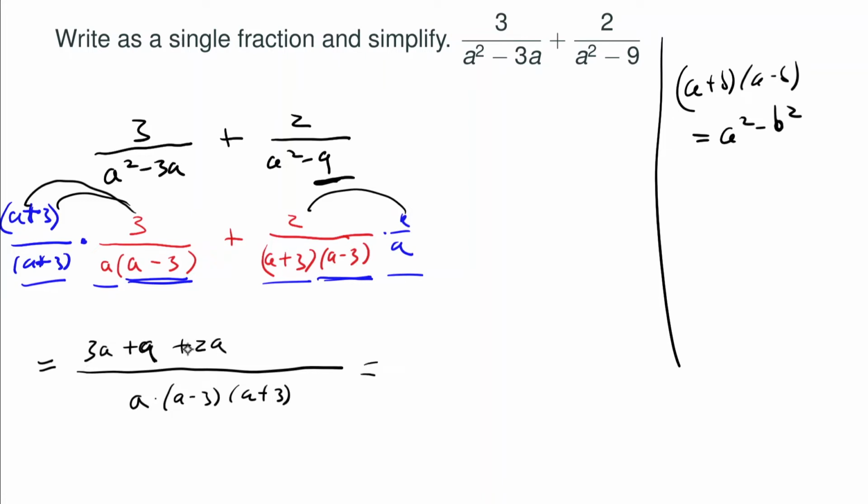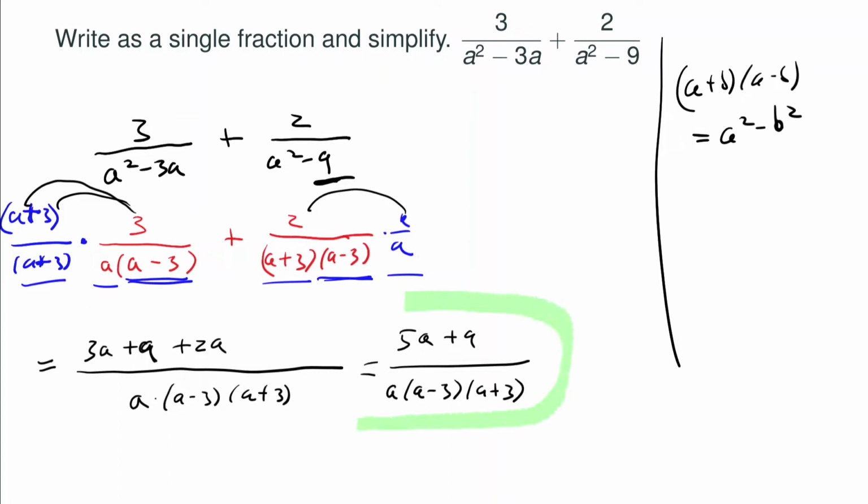So 3a plus 2a gives me 5a by collecting like terms, plus 9, over a times a minus 3 times a plus 3. So this is the final answer, where we add two fractions and simplify.